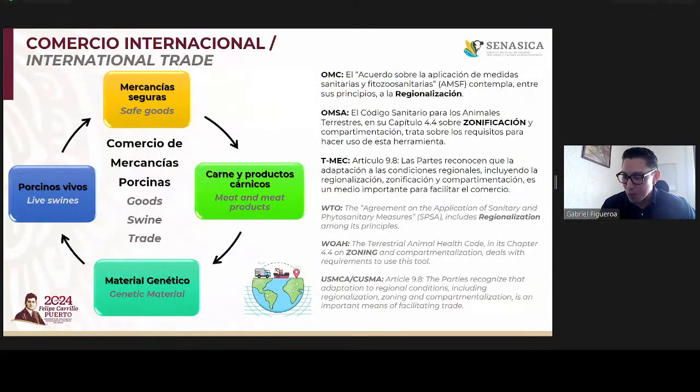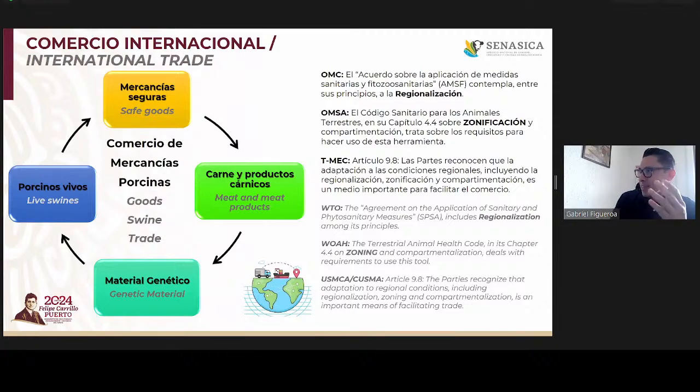And not to go deeper into what Dr. Cepeda has already mentioned, we do recognize that regionalization is a tool that has been recommended by the World Trade Organization and WOAH on many trade agreements between the US, Canada, and Mexico, for example.